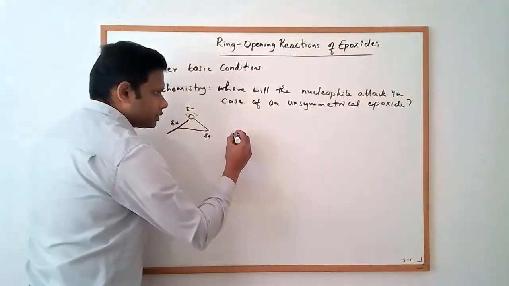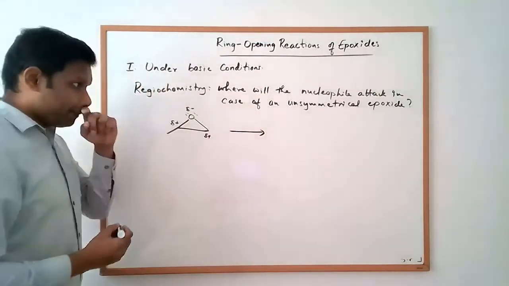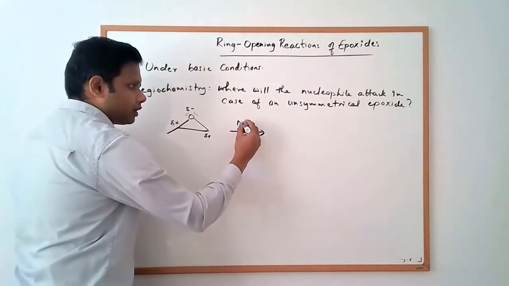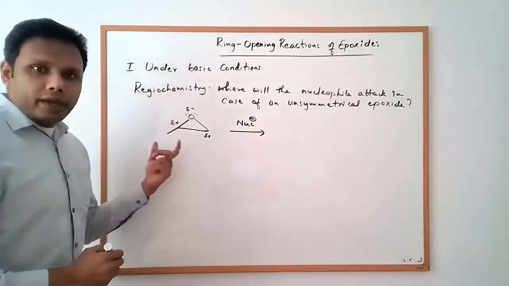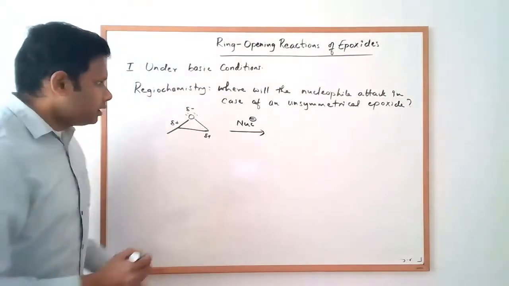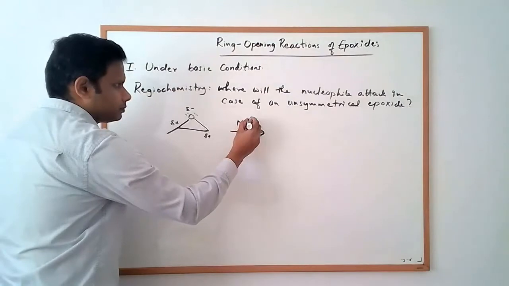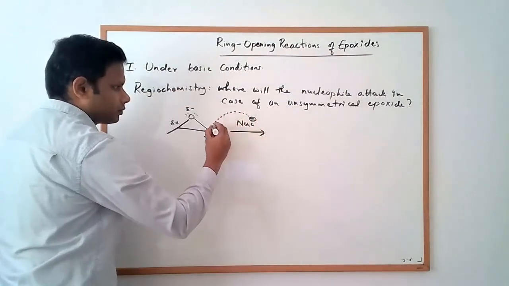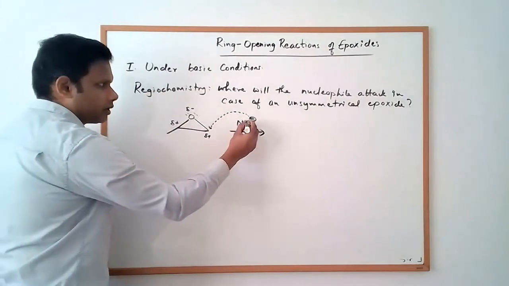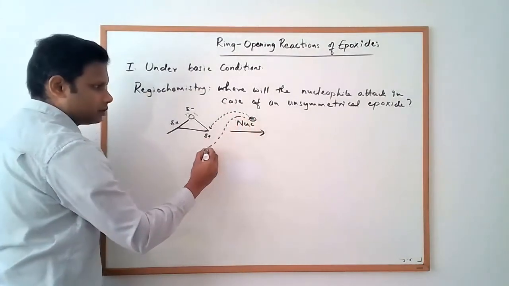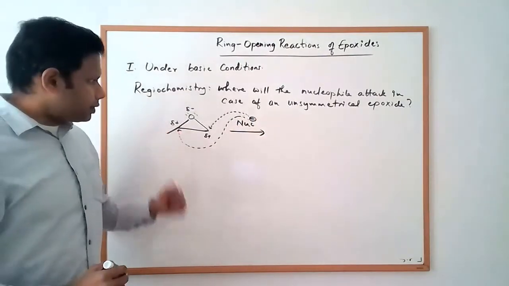So now the question is, if we were to use this epoxide and a nucleophile were to come and attack, where would it attack? Is the nucleophile going to attack on this carbon here, the carbon on the right, or is the nucleophile going to attack the other carbon here?